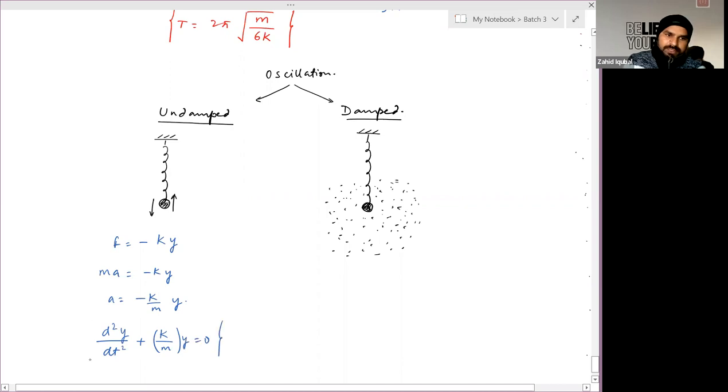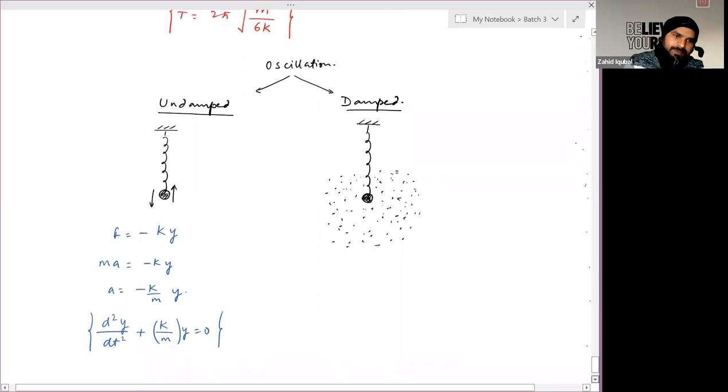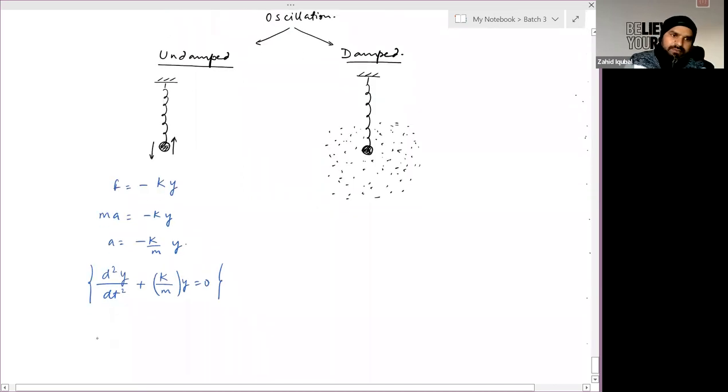This will be the general expression for this part. If you solve this, you will get Y equals A sine omega t. So in this part, the amplitude of the oscillating bob will be constant. If there is no change in amplitude of oscillation, that is called undamped oscillation.